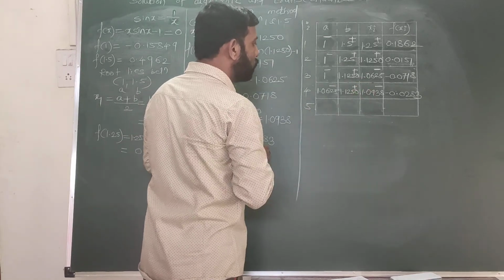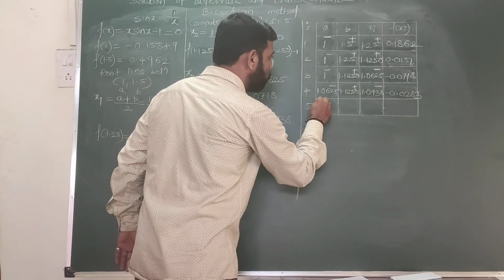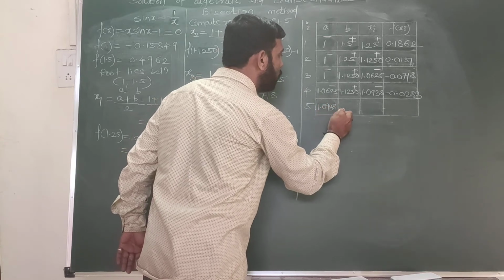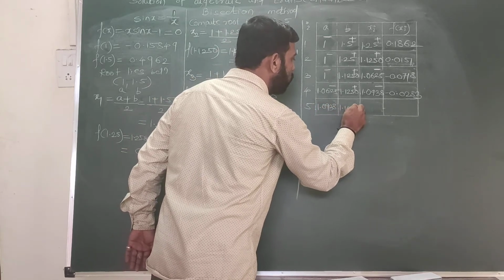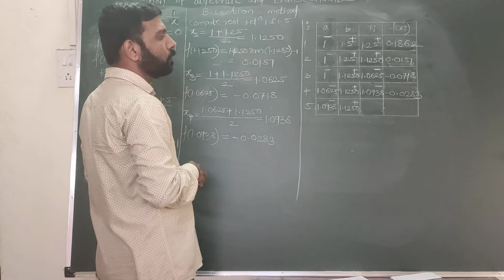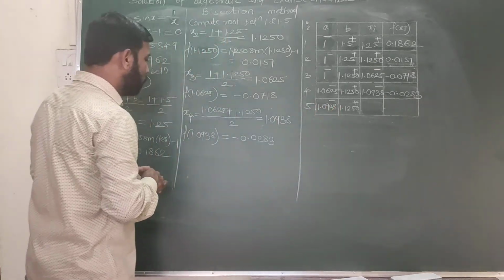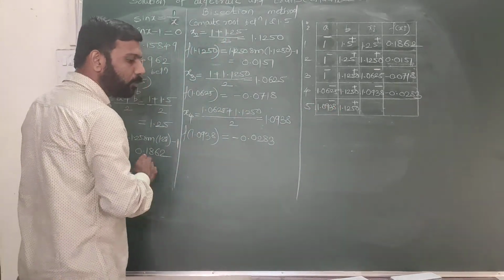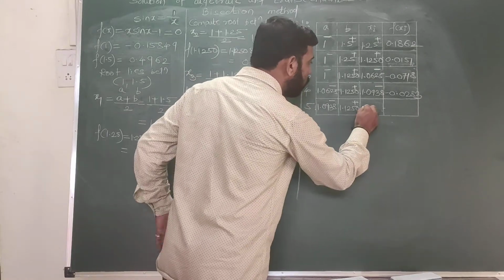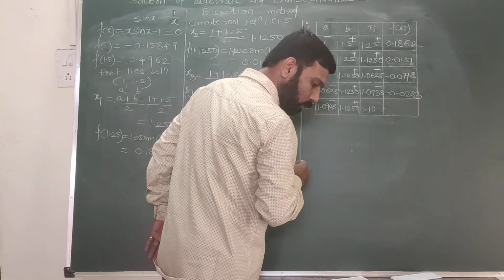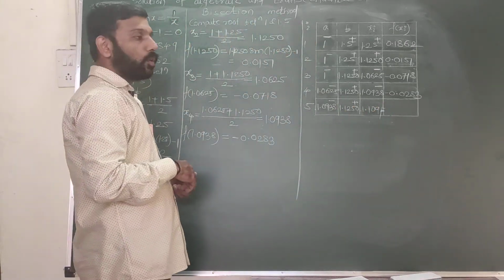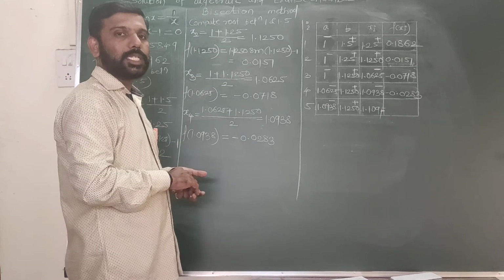Next, the two opposite numbers we write here are 1.0938 and 1.1250, minus and plus. Continuing like this, we calculate the fifth approximation, and the x5 value is 1.1094. You can calculate any number of approximations like this.